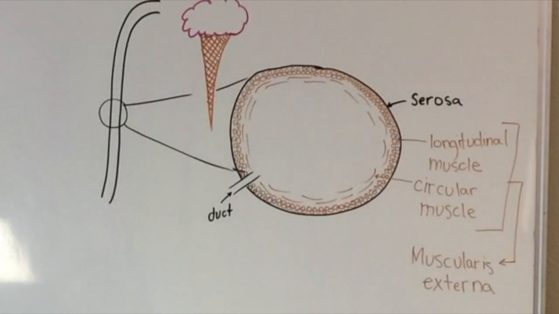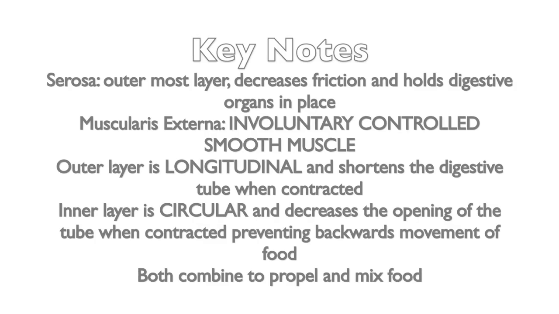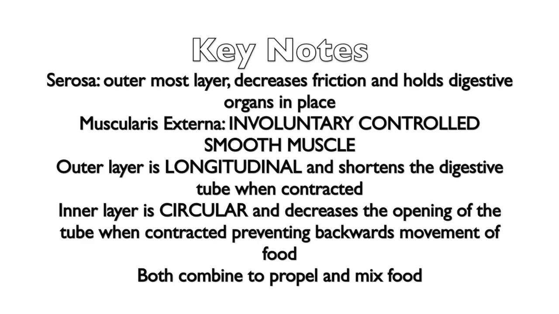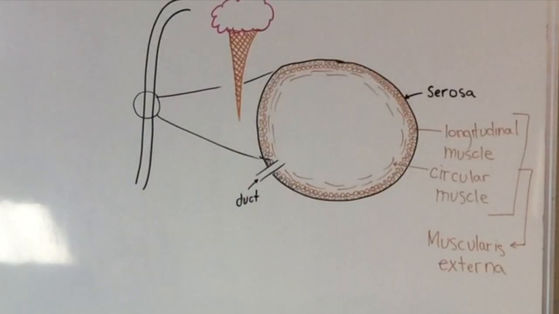The combination of the longitudinal and circular muscle contraction creates a mixing effect with the food within that area. Between the longitudinal and circular muscle is a complex network of nerves called the myenteric plexus.